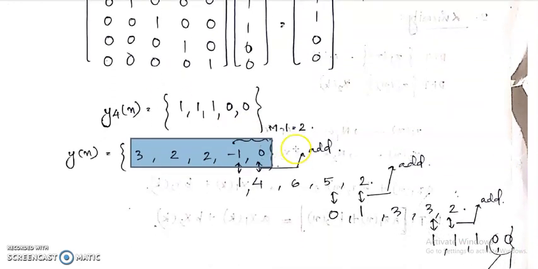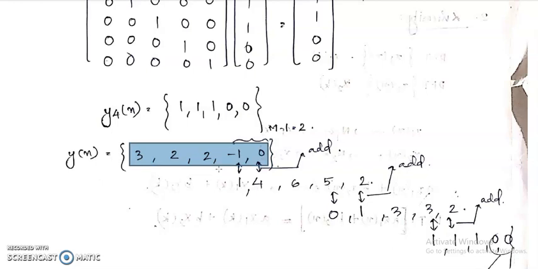For that we arrange the y1 of n to y4 of n in such a way that we take each block, that is y1 of n, y2 of n, y3 of n and y4 of n, that is arranged in such a way that the last m minus 1 elements of each block is aligned with the first m minus 1 elements of the next block.